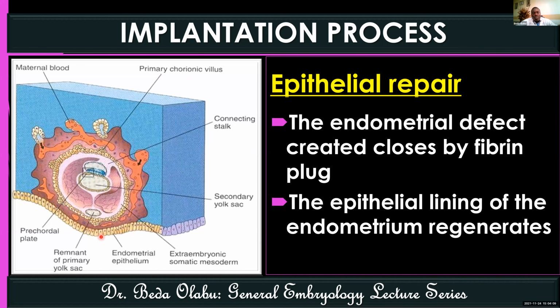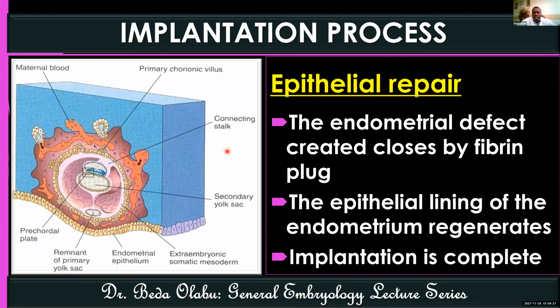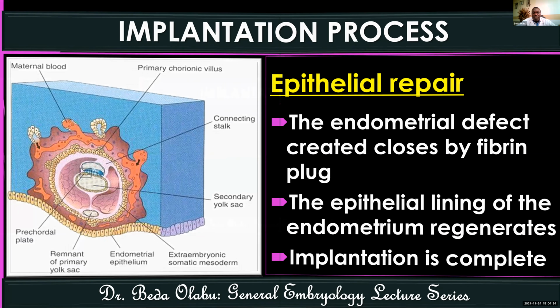The repair process will first occur by some fibrin clot, and then you'll have the epithelium regenerating to cover the conceptus. Great, so that's the process of implantation. After the epithelium has repaired, we are now sure that implantation is complete.